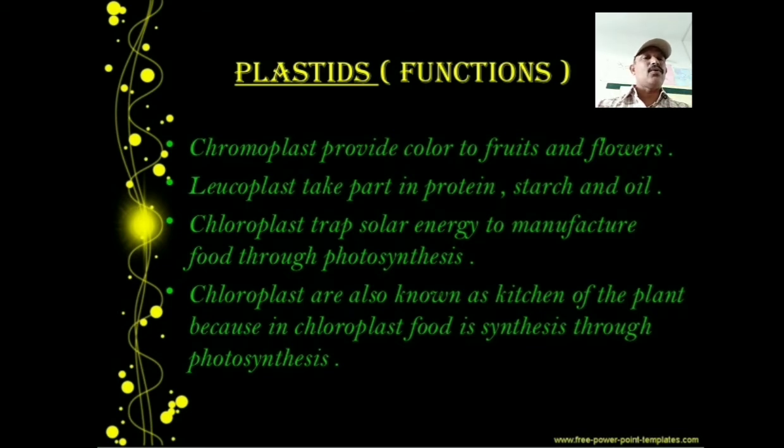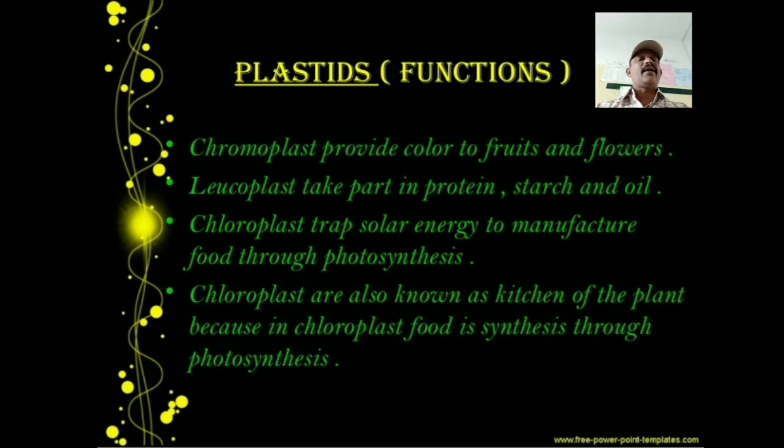Chloroplasts are also known as the kitchen of the plant, because in the chloroplast food is synthesized through photosynthesis. We have already studied this in the previous class: the chromoplast provides color to fruits and flowers, the leucoplast takes part in protein, starch and oil, and the chloroplast traps solar energy and manufactures its own food with the help of photosynthesis.